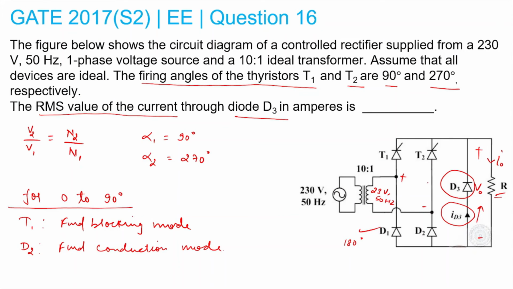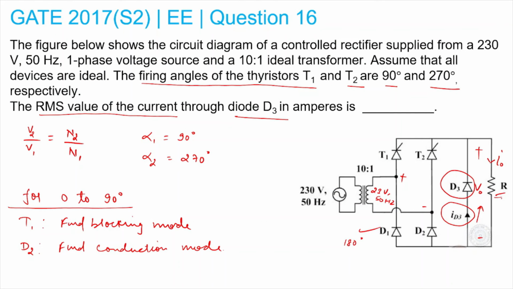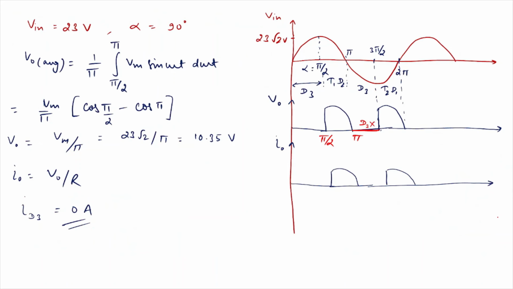Again, from pi to 270 degree, T2 and D1 should conduct, but T2 is in forward blocking mode till 270 degree. So T2 would not conduct, and D1 is only turned on, so it will not provide any current or voltage to the resistive load, and hence no current will be there in D3 as well. If it had been an inductive load, D3 could have conducted while the conduction goes on. But since it is a resistive load, D3 would not conduct here.